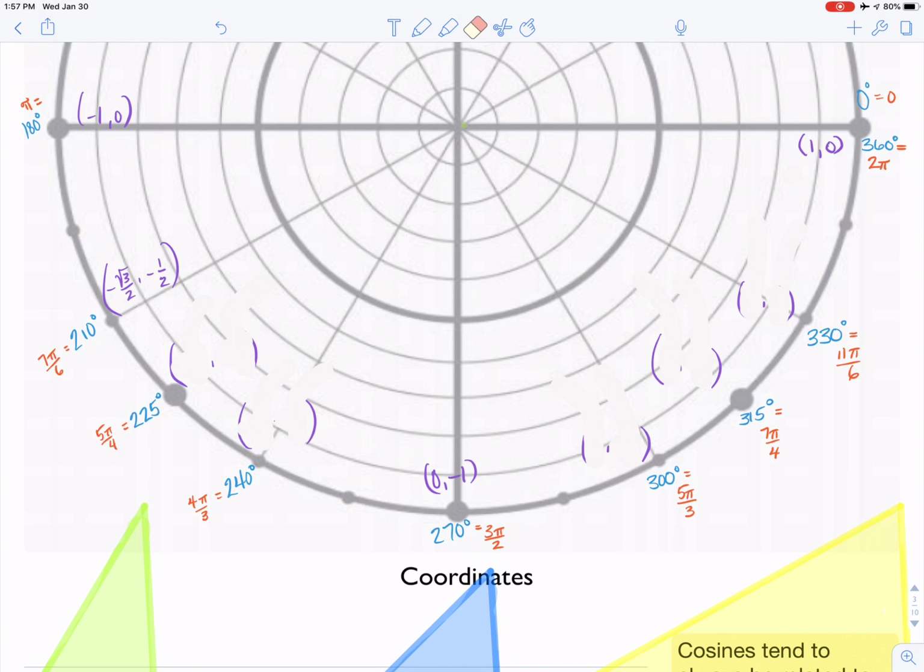And then the last pi over 6 over in the fourth quadrant is going to be at 11 pi over 6. So you're going to have a positive long, and you're going to have a negative short. So a positive long is going to be your positive root 3 over 2, and a negative short is going to be a negative 1/2. So that deals with all of your pi over 6 coordinates.